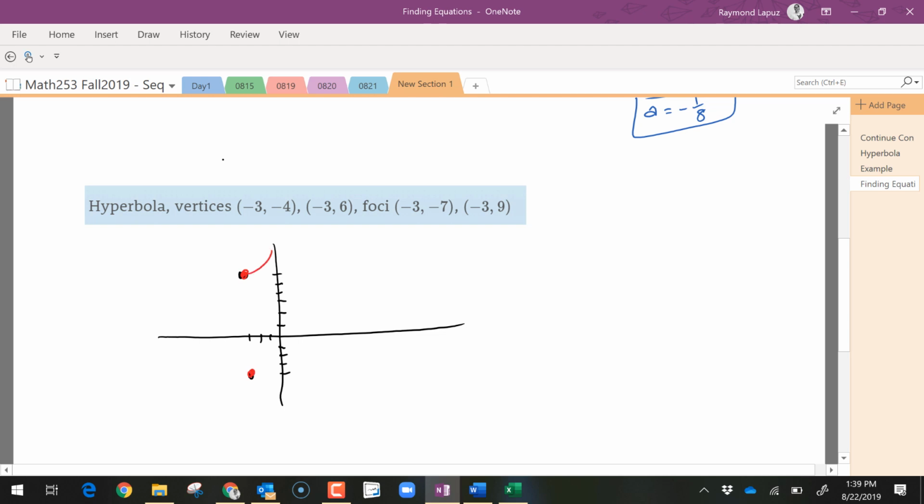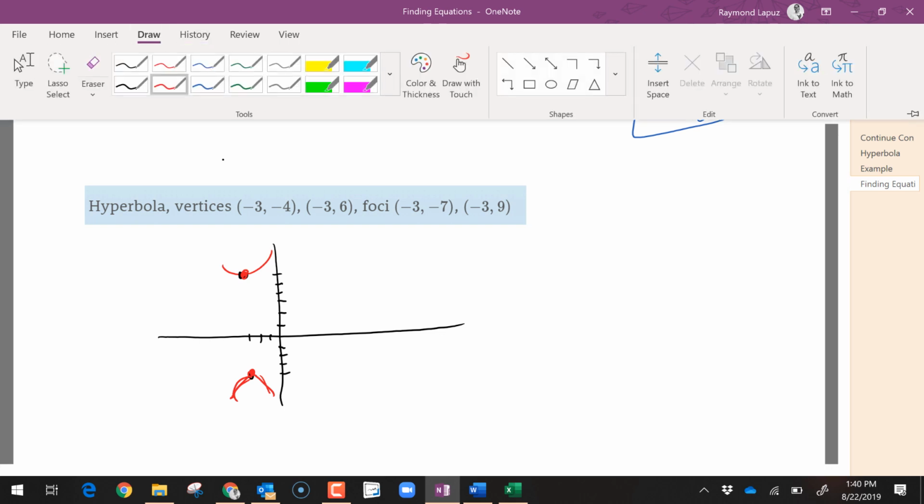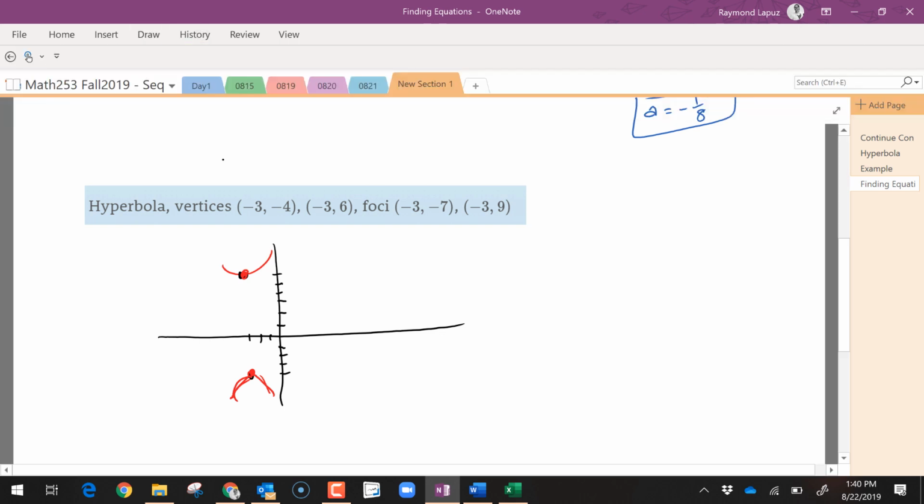And then it opens up and down. We also have the focus points. -3, 7, so I'm just one more unit up. Oh, that's -7. 6, 7, 8, 9. So that's 3 units up.